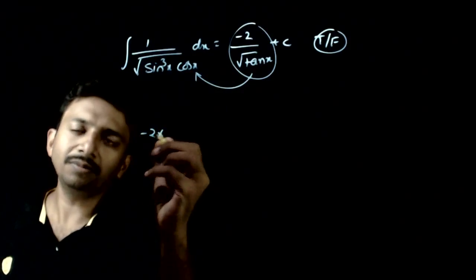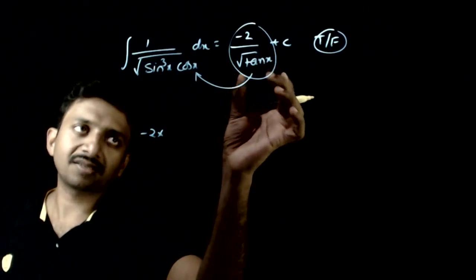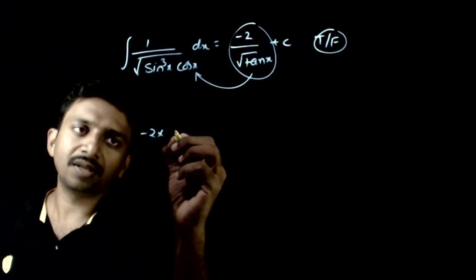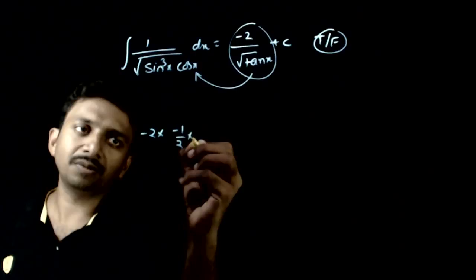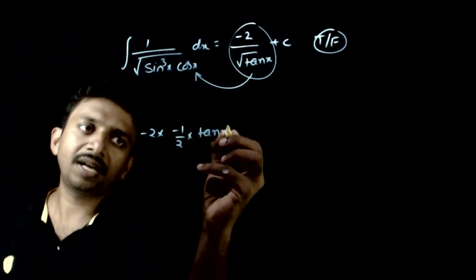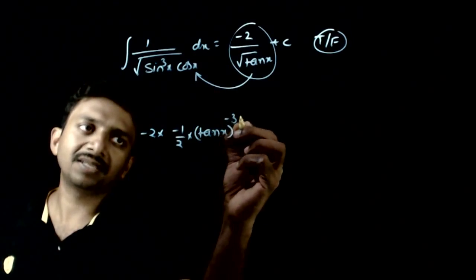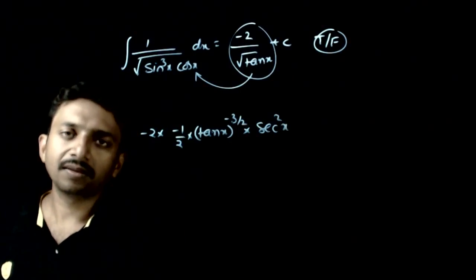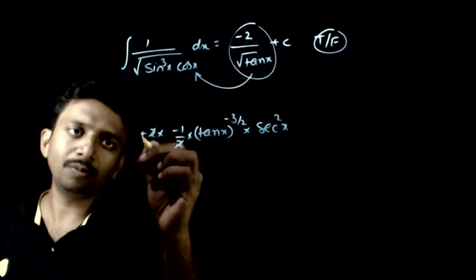So minus 2 into, so 1 by root tan x is tan x power minus half. So the differentiation is minus 2 into tan x power minus 3 by 2 into secant square x. So that's the differentiation. So minus and minus cancel.